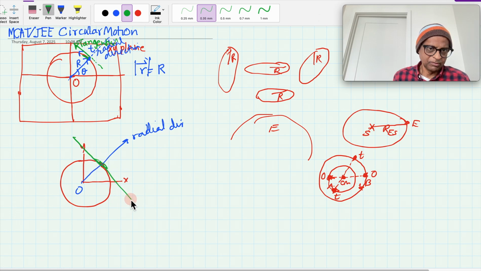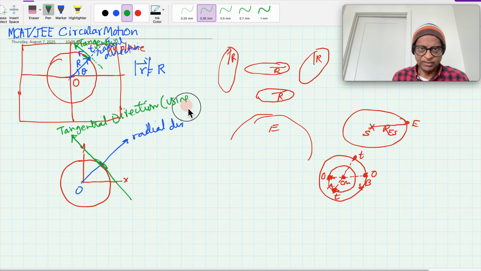If the object is moving this way, I draw this as the tangential direction, using the notation of counterclockwise direction.